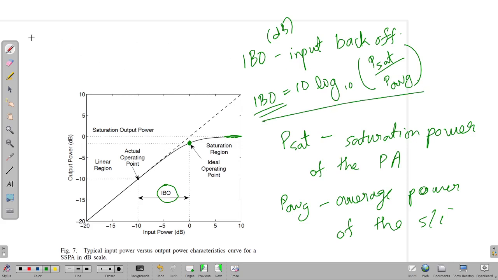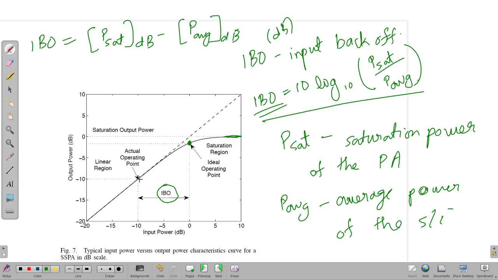This logarithm can be expanded as P sat in dB minus P average in dB. In decibels, it is the difference between the saturation power and the average power of the signal.